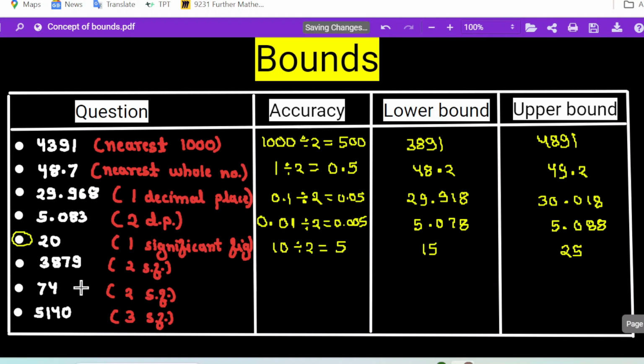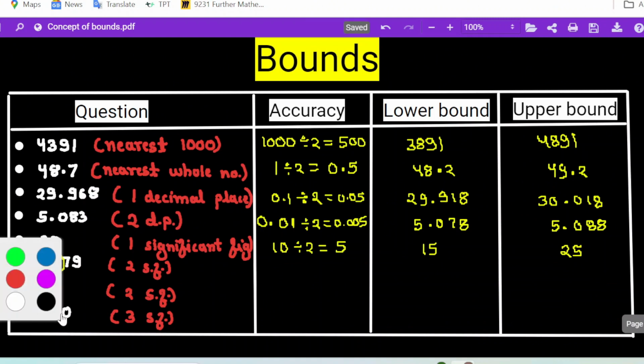Round this number to two significant figures. Two significant, this is the first one, this is the second one. So this is the place we are talking about. Now, what place is it at? Let's count, this is the unit place, this is the tens, this is the hundred place, right?